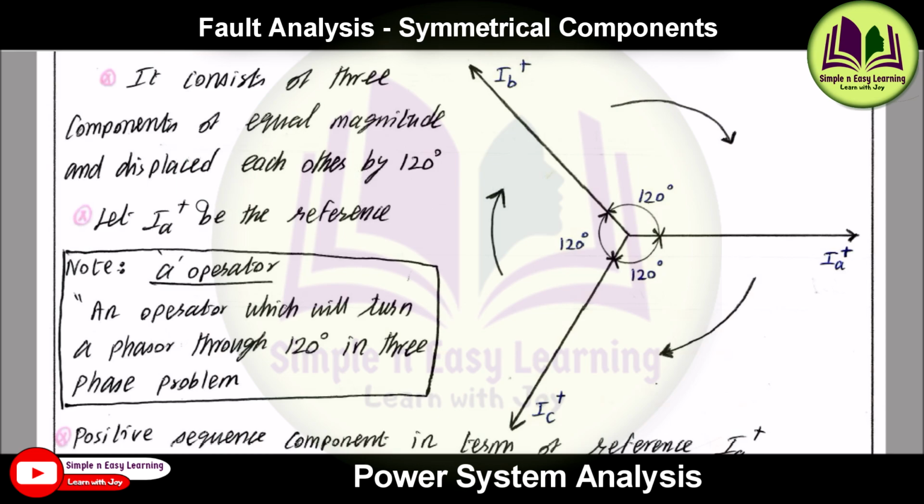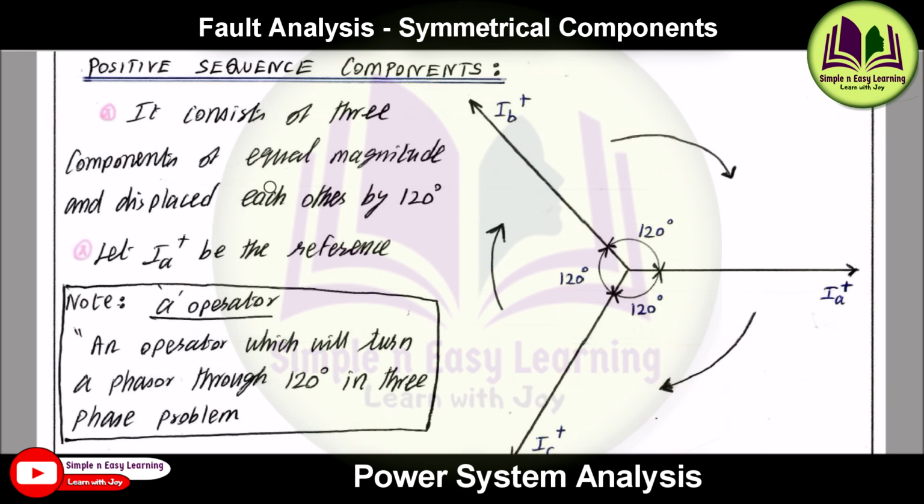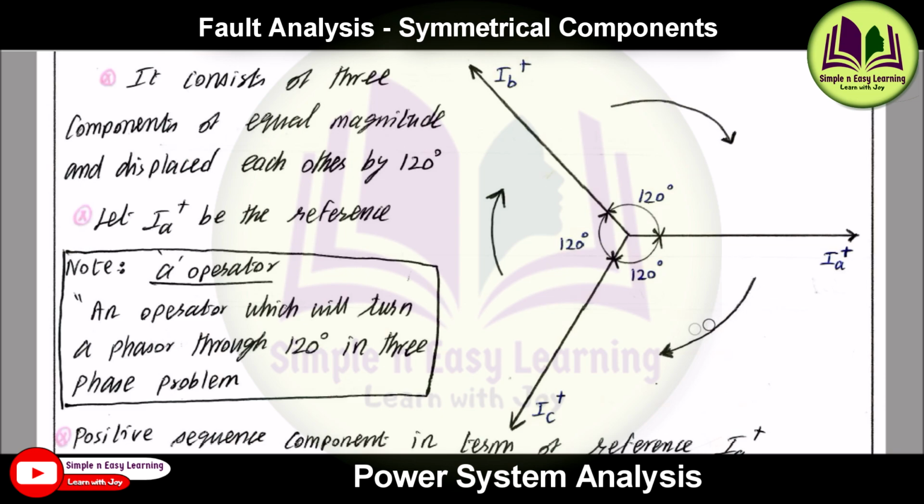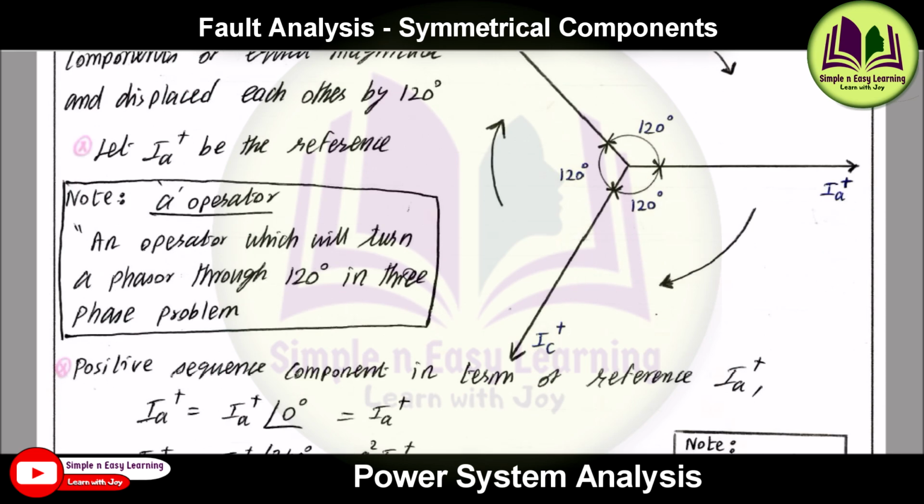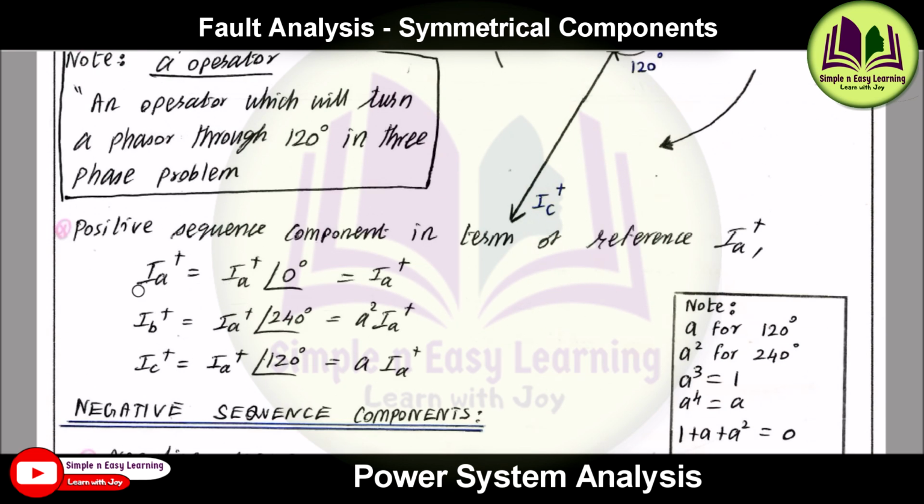Now under the positive sequence component, you rotate the sequence in the clockwise direction. Taking IA as a reference, you can write the equation as IA plus equals IA plus angle 0. I put angle 0 because it is the reference. With this reference IA plus, I write IB plus, the second phase.